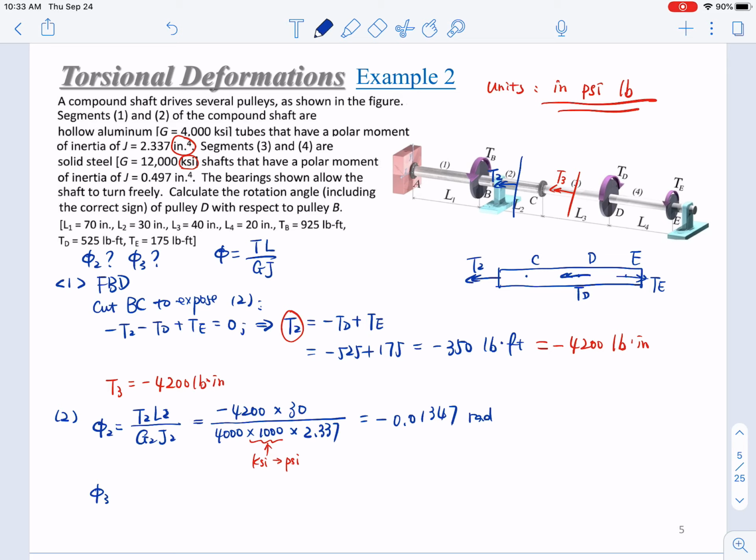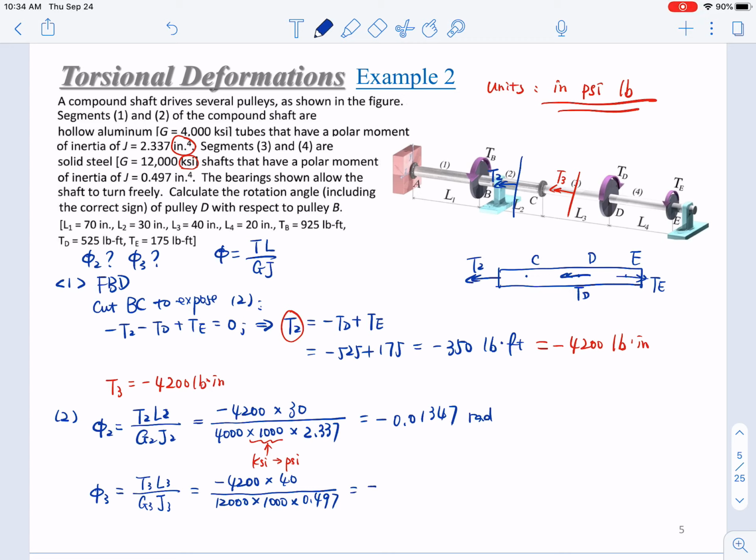Then phi 3 will be T3 L3 over G3 J3. This is negative 4,200 times 40 over 12,000 times 1,000 to convert ksi into psi, then times the J, which is very small, 0.497.